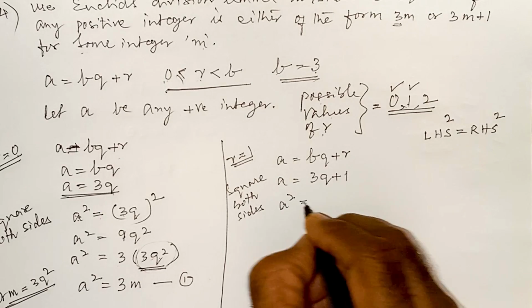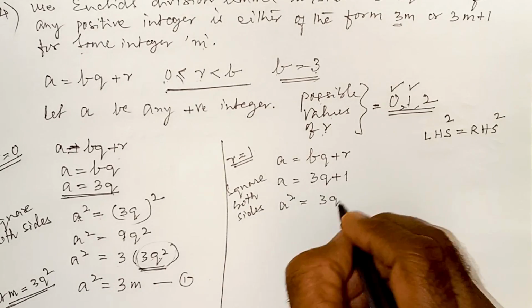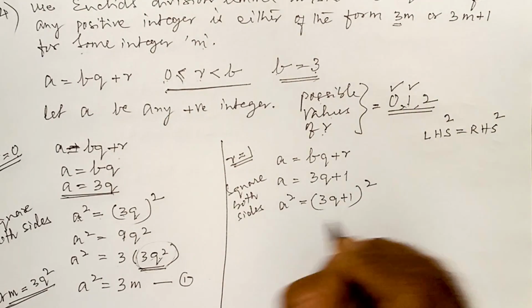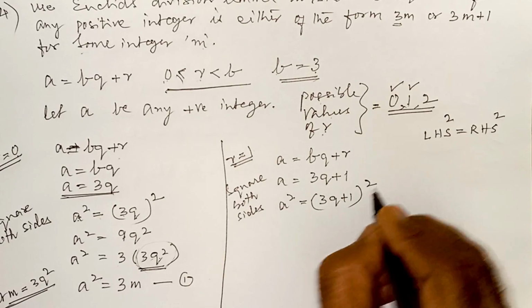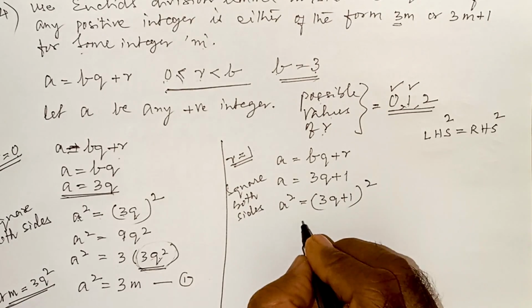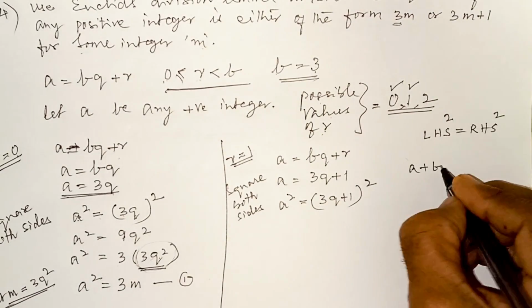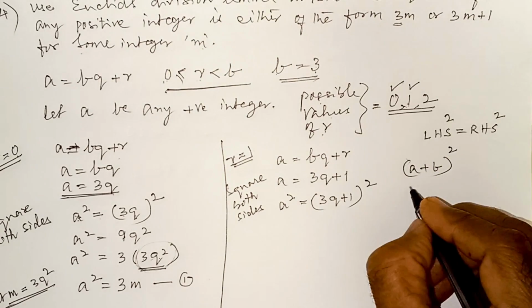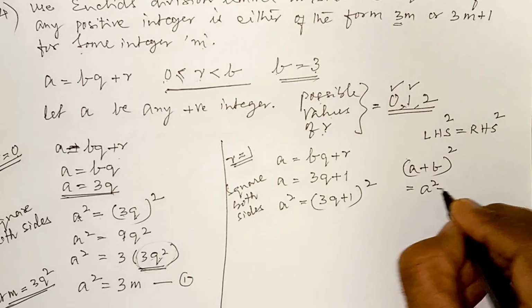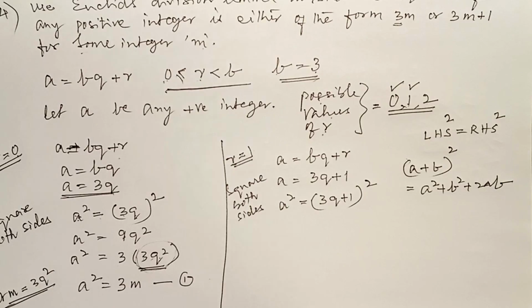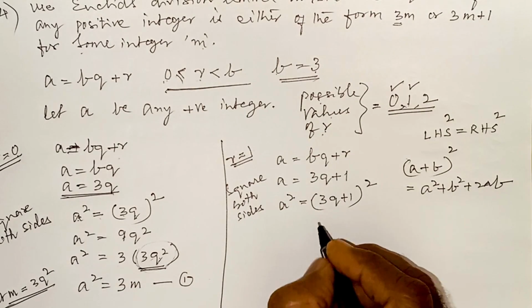Then this becomes a square equals 3q plus 1 whole square. Please remember to put the brackets for the RHS and then square it. Now this follows the identity (a plus b) whole square, which is equal to a square plus b square plus 2ab. Use this identity to solve this.